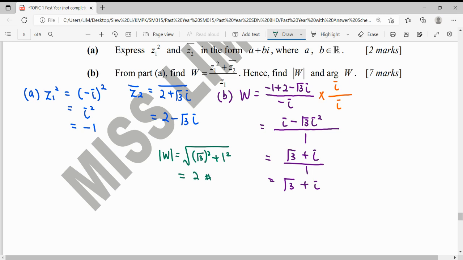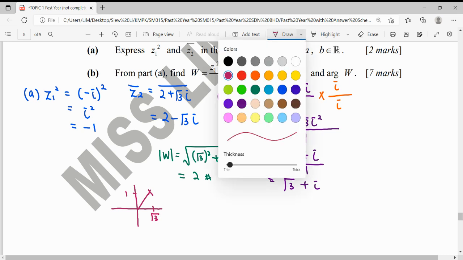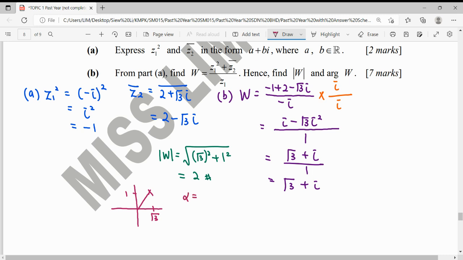Meanwhile, for the argument, we have to do it step by step. For the first step, we have to know where the complex number is located on the Argand diagram. With √3 a positive real number and the imaginary part 1, this complex number will be in quadrant 1. Then, in the second step, we find the basic angle, which is inverse tangent of b over a, which is 1 over √3.